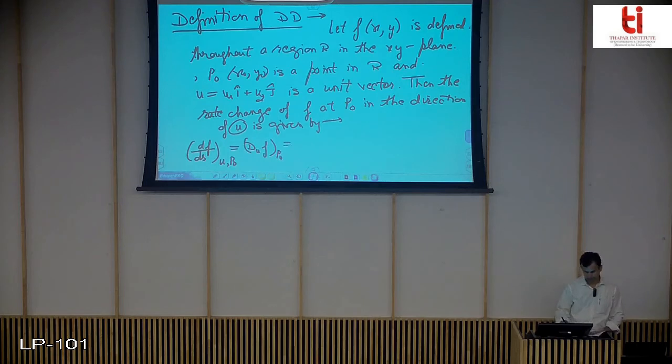These are the same notation. Limit as s tends to 0 of [f(x naught plus s u1, y naught plus s u2) minus f(x naught, y naught)] upon s.